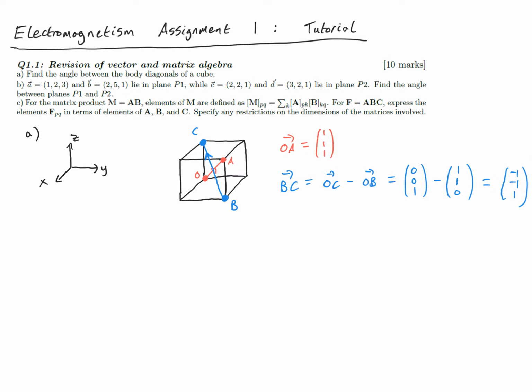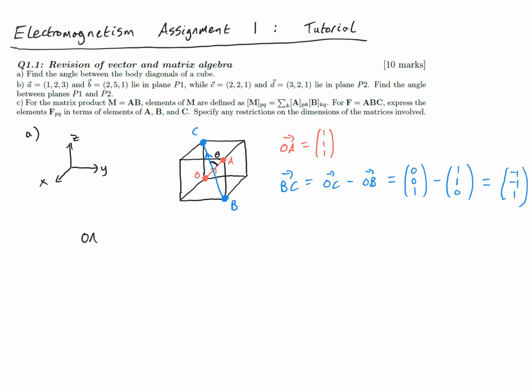Good, so how do we find the angle between these body diagonals? And furthermore, what do I mean by the angle? Well, let's indicate an angle on here, which is going to be this angle here, and I'll call that theta. So the angle between two vectors which are both pointing in the same direction, so both vectors are diverging, can be got from the dot product, as just advertised.